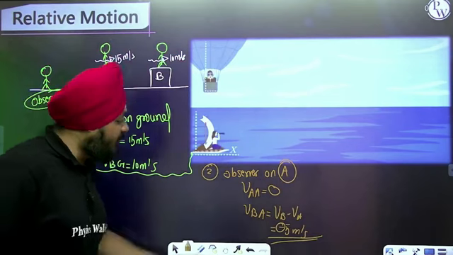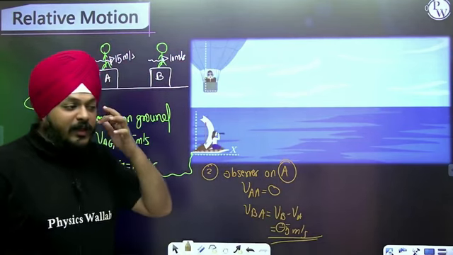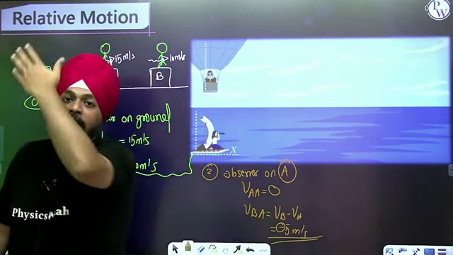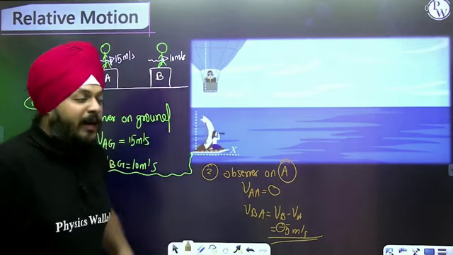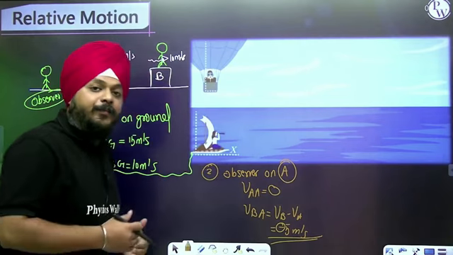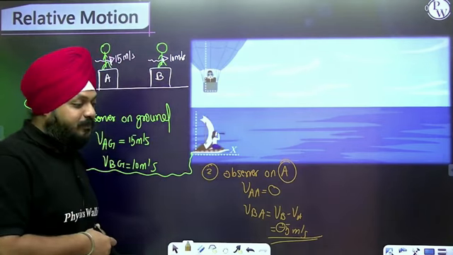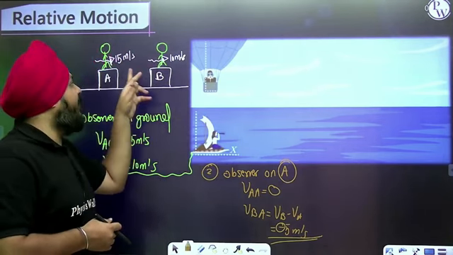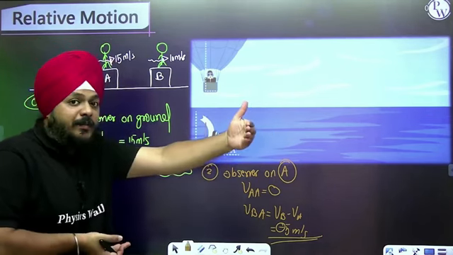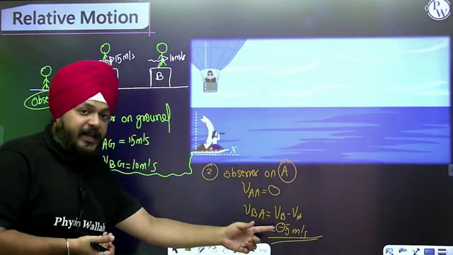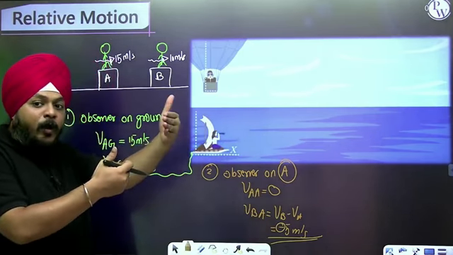See, this is the difference. When the observer is on the ground, A and B are both moving with different velocities. But when the observer is on A, the speed of B is less with respect to A. So B is coming nearer. The negative sign indicates B is coming backward.